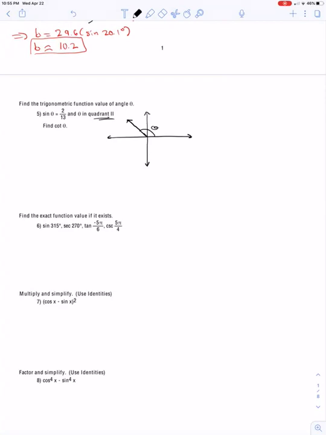With that said, based off points on the terminal side, if you remember our definitions, right, any ordered pair on the terminal side of a rotation, sine is y coordinate, right, divided by radius. We know that cosine theta is x coordinate divided by radius, right, r. And we know that tangent of theta is y coordinate over x coordinate.